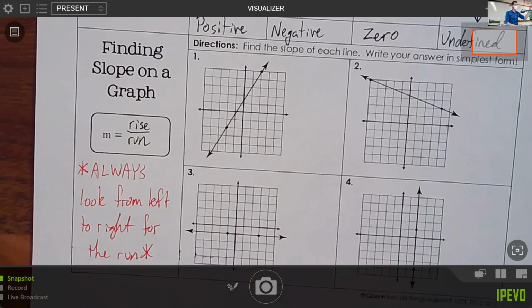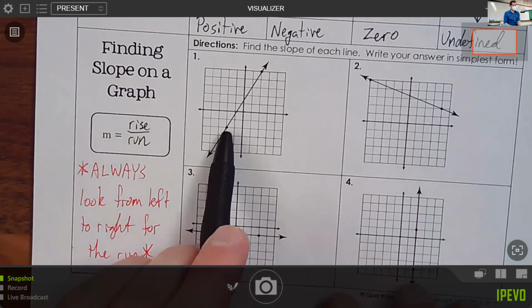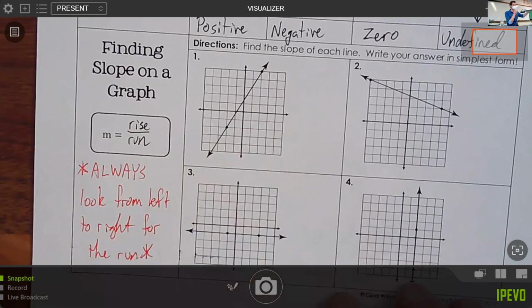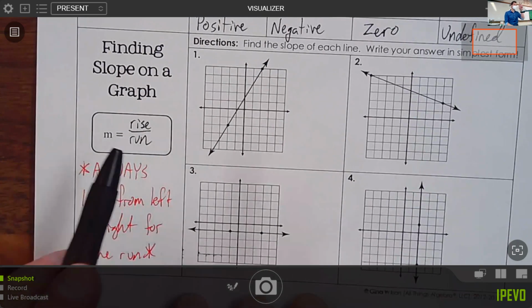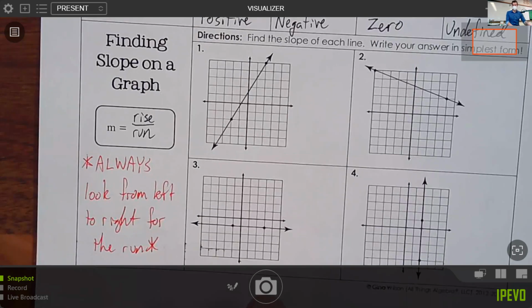A positive number, yeah, because it's going up. Every time you look at a graph from left to right, it's moving in a positive upward direction, which means when you use a graph to figure out slope, your denominator pretty much should always be a positive number because you should be looking at it from left to right. All right, so what we're going to do now is we're going to figure out the slope of these lines.